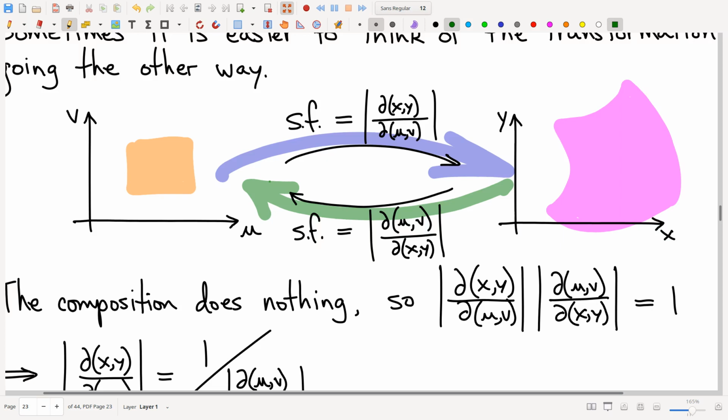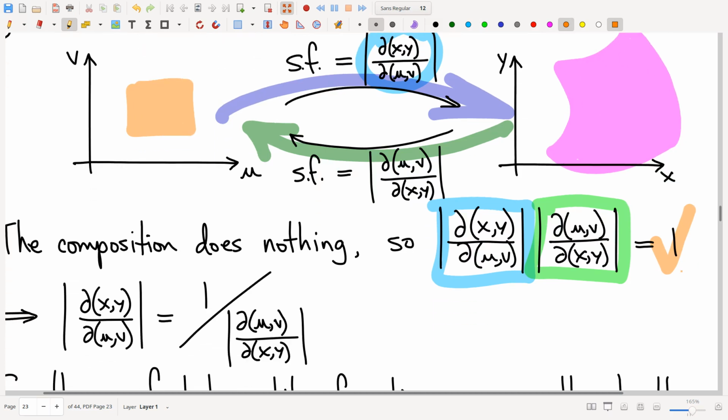And so you can just straight up write that down. The stretching factor going forward is that. The stretching factor on the way back is this. And grand total, we've gone from the orange set to the orange set, and area has not been stretched at all. Therefore, that product is 1. And therefore, these are reciprocals of each other.